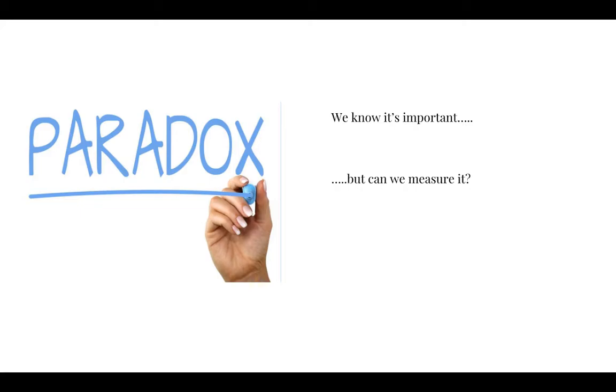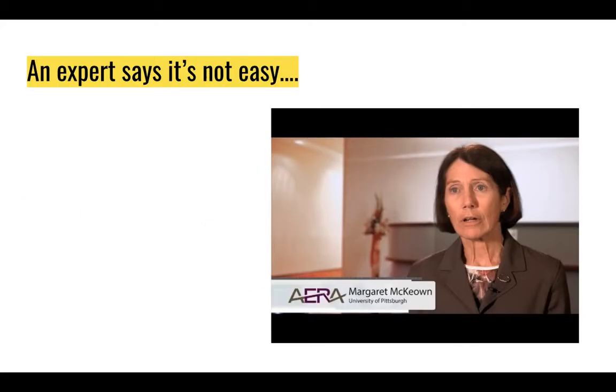But what we don't know is what kind of explicit instruction affects comprehension. So we have this real paradox. We know something is really valuable, and we know that we want to measure those things that are valuable, but we don't know how to measure it. And so we're in this real important place.